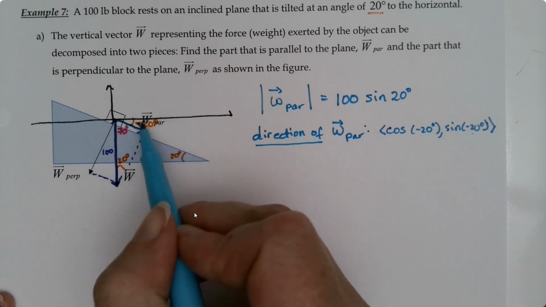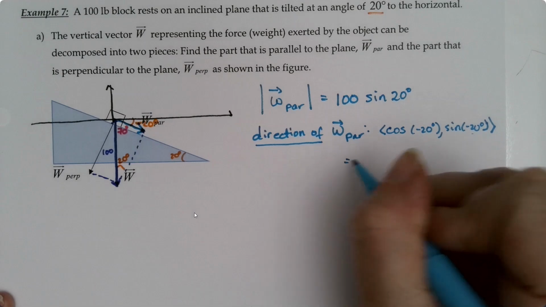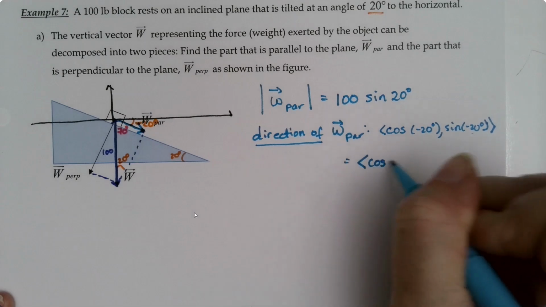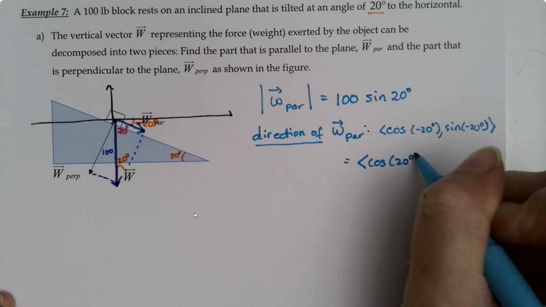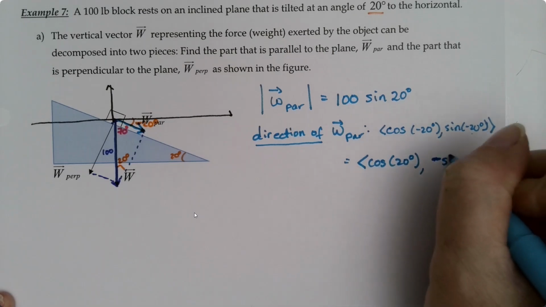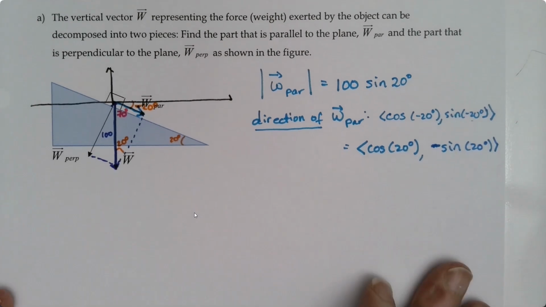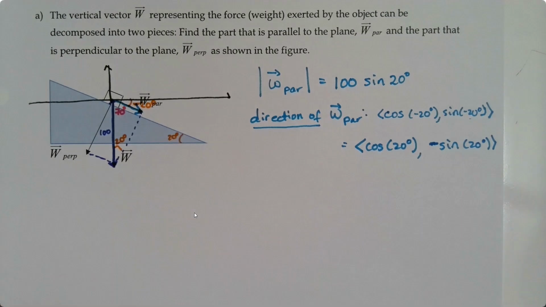So the cosine would be the same, and the sine would just be opposite. So just because it's convenient, not because we have to, that would be equal to the cosine of 20 and this negative sine of 20. Again, not strictly necessary, it's more just because of convenience.